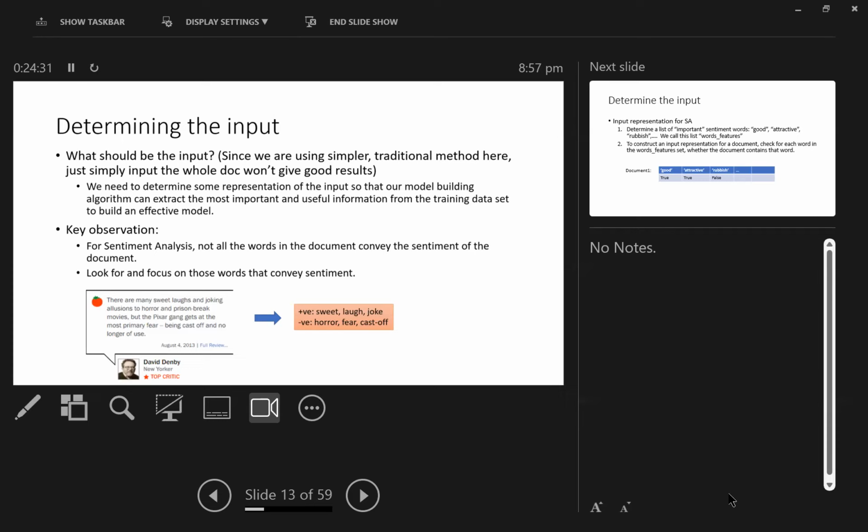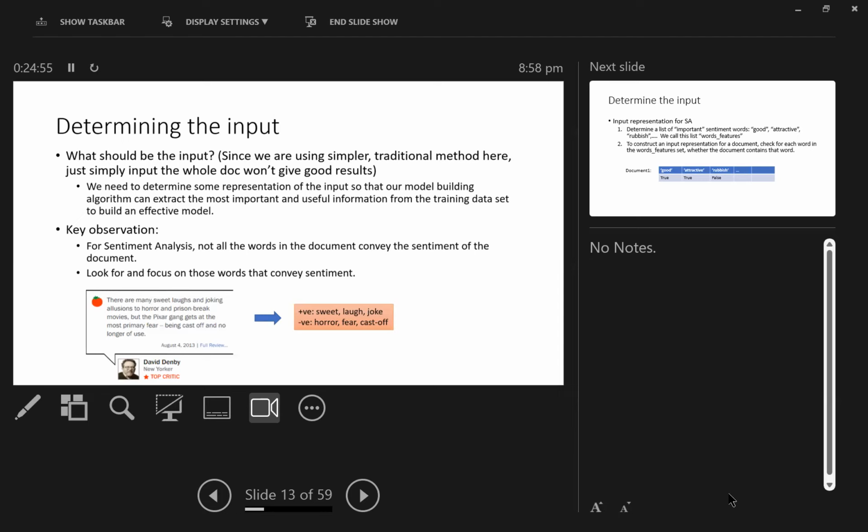How to do that is not easy. You have to do it manually. Usually, this group of words will be more than 1,000 different words. For example, good, happy, exciting, and that kind of thing will be positive, while boring, horrible, terrible will be the negative group.